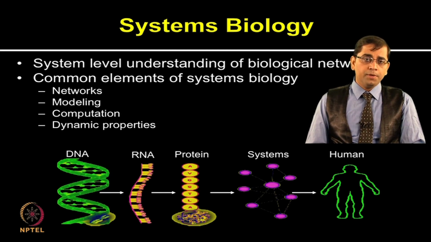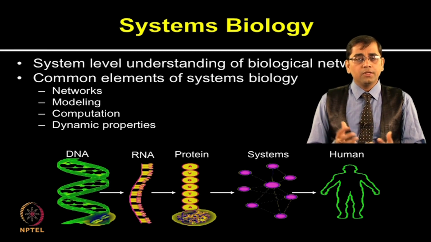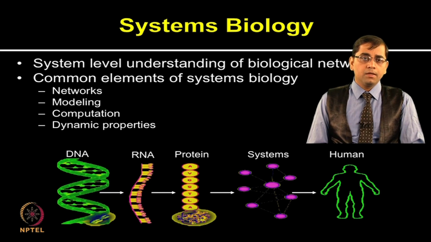The biological information is represented by the network of interacting elements and dynamic response to the perturbations. These networks provide insights which cannot be analyzed from the isolated components of the system.